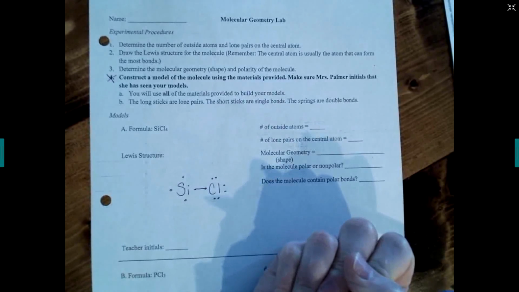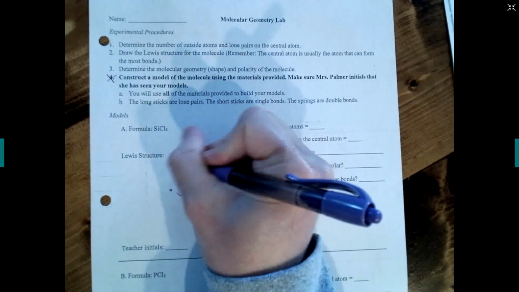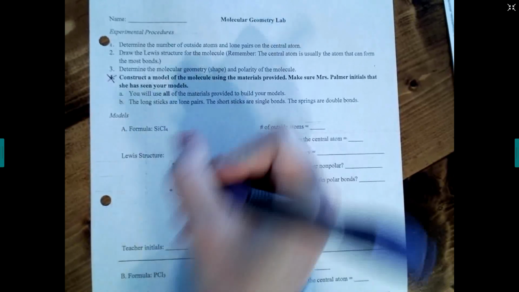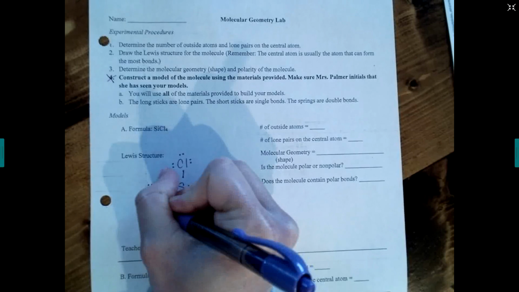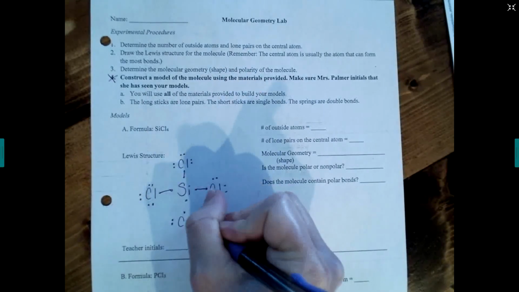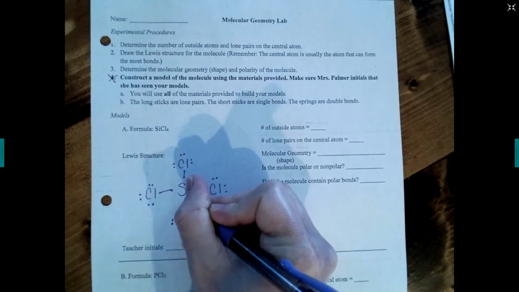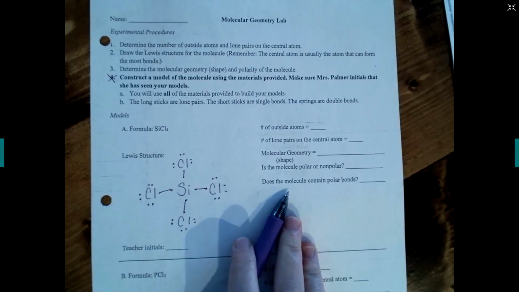I'll go ahead and form a bond there. I have 3 other chlorines that I need to draw. All right, so now that I've drawn my Lewis structure, I'm going to answer the questions I see over here.